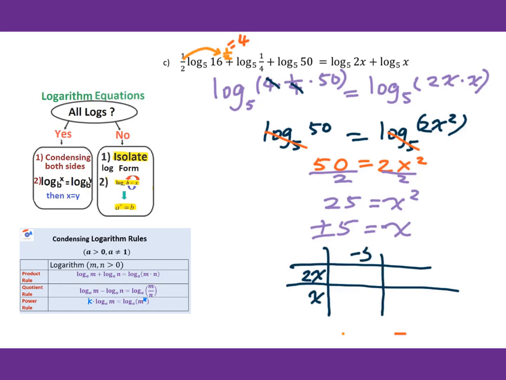The solutions are -5 and 5. Plug in, make sure it's positive. 2 times -5, that's -10, is negative. That's why -5 is not the solution. For 5, we plug in: 2 times 5 is positive, 5 is positive. Therefore, the solution is x equals 5.